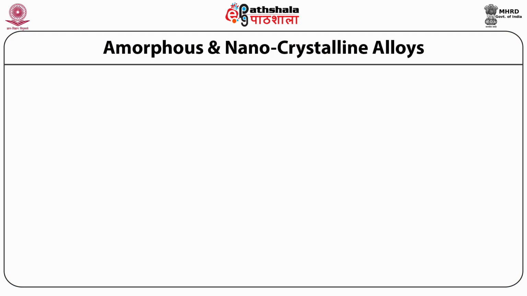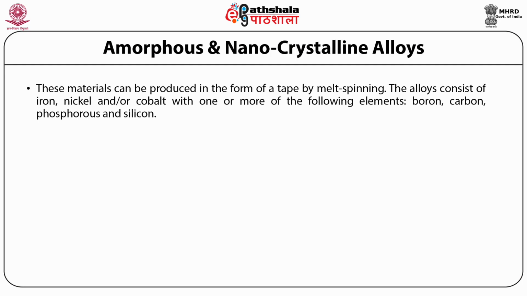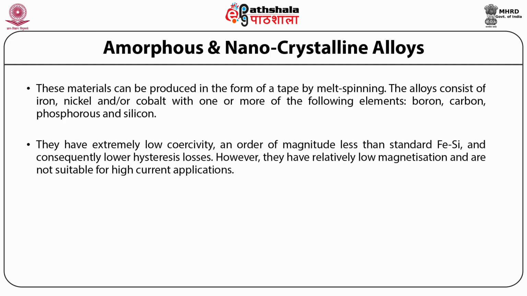Amorphous and nano-crystalline alloys. These materials can be produced in the form of a tape by melt spinning. The alloys consist of iron, nickel, and/or cobalt with one or more of the following elements: boron, carbon, phosphorus, and silicon. They have extremely low coercivity, an order of magnitude less than standard iron silicon, and consequently lower hysteresis losses.